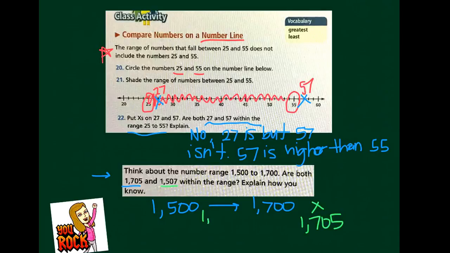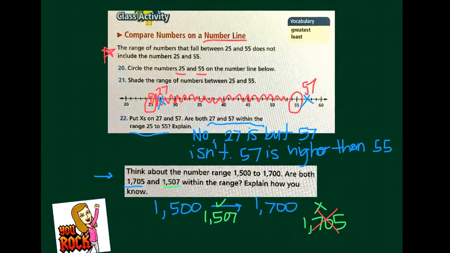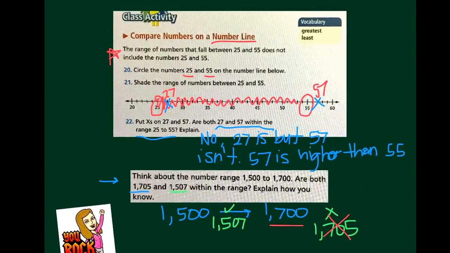So 1,507 would be. So yes to 1,507, but no to 1,705. So I would explain that no, they both are not, due to the fact that 1,705 is greater than 1,700, so it goes beyond our range.